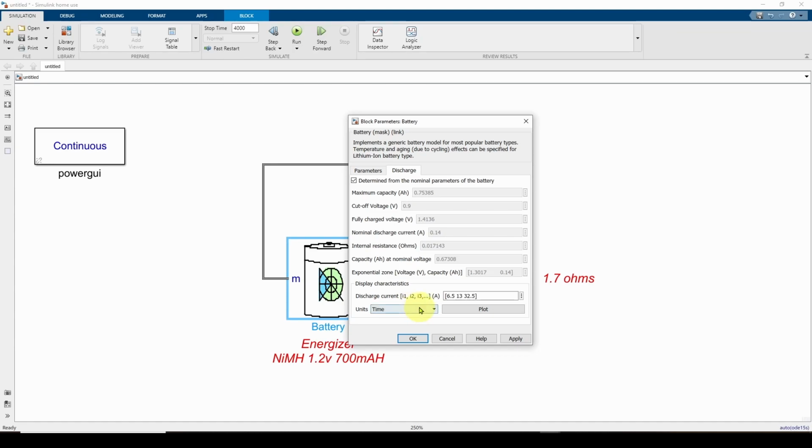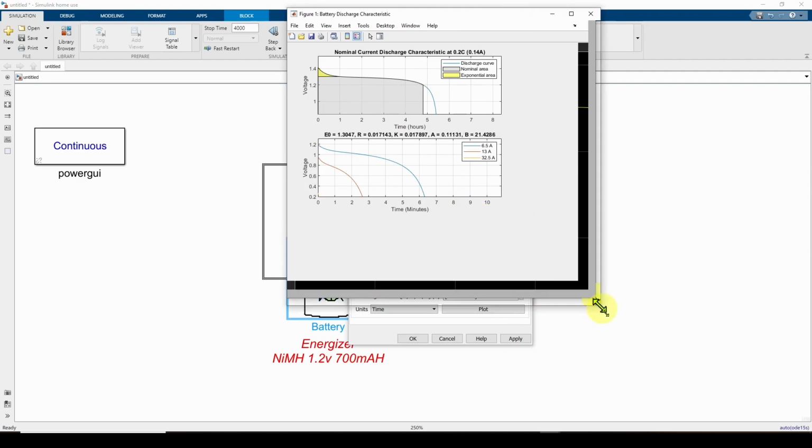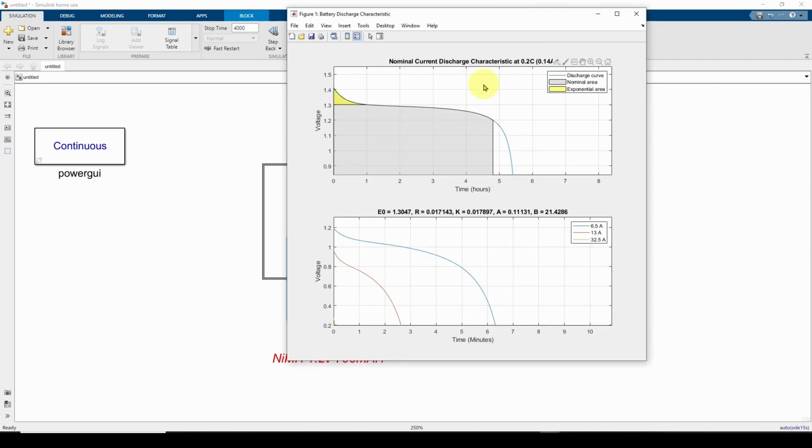You can tweak it if you want, but once you fill that in, you can hit plot, and it will give you a nominal discharge characteristic at the 140 milliamps that we saw in the data sheet. And you can see at 140 milliamps, which we haven't measured on the bench, but this is what you can expect, that the voltage will stay high and then drop down below 1.2 at just under 5 hours.